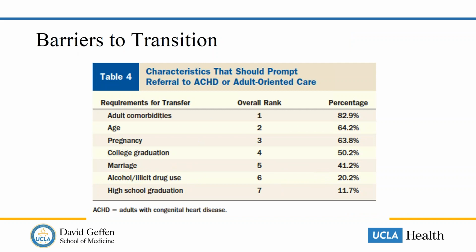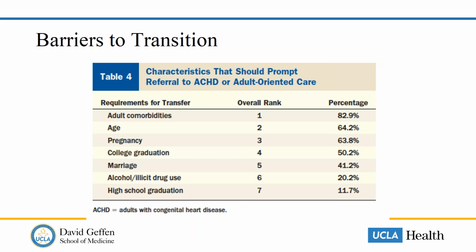Sometimes the pediatric providers just decide, gosh, this patient's too old to be in my clinic. And every pediatric provider has a different line in the sand for that. In the congenital world, pregnancy is often a major reason why patients get abruptly transitioned or transferred over to the adult side. A lot of pediatric providers will continue seeing patients through college graduation.